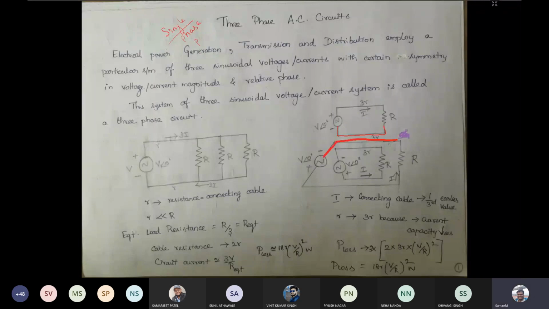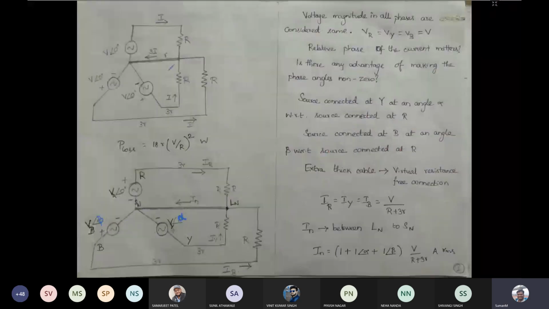These three wires we have merged and made into a single cable. When you make it a single cable, this cable will be carrying a current of 3I. If it is carrying the current of 3I, the overall resistance should be increased. That is what we have done here.